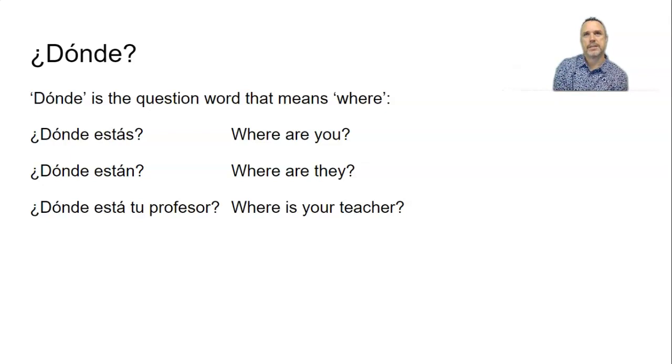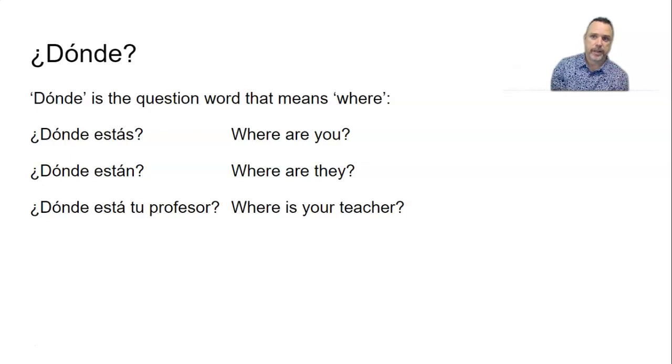So if you say a sentence like, that is the school where I work, right? In that sentence, the word where is not a question word, right? That's the school where I work. And in Spanish, that would be esa es el instituto donde trabajo. And in that sentence, the donde has no accent because it's not a question.